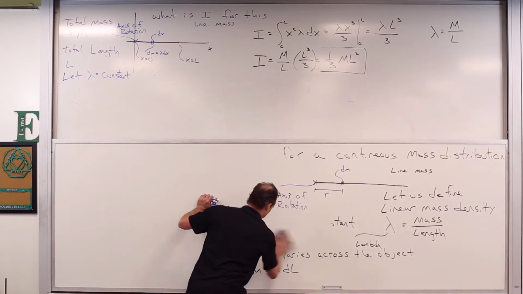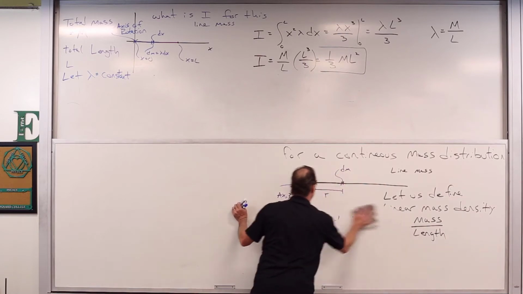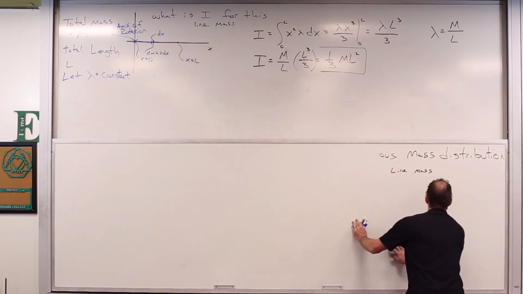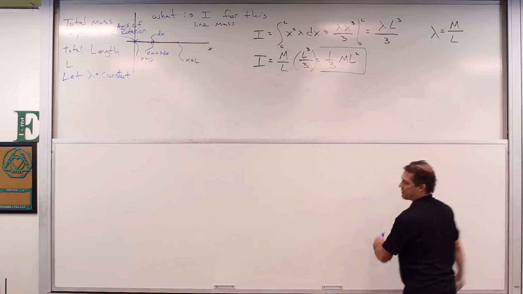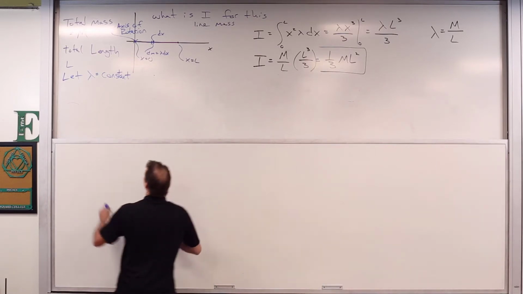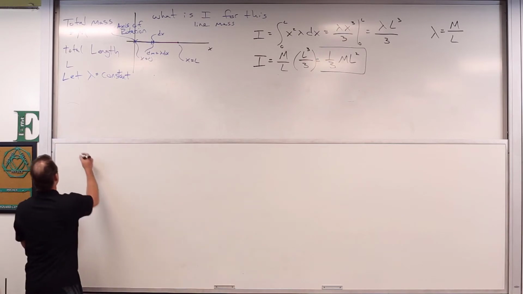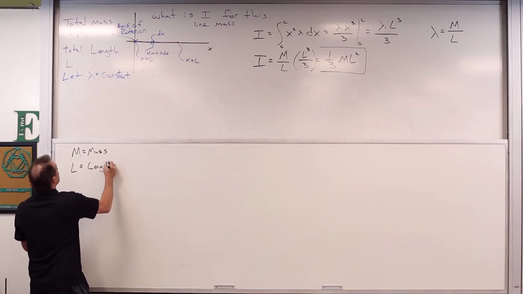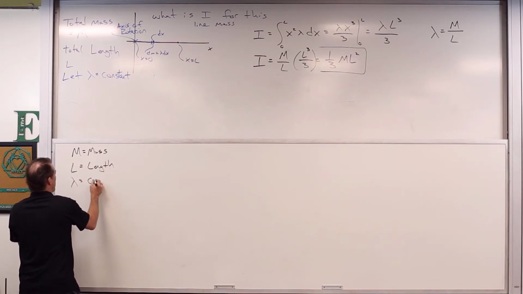Let's erase all of this. So we consider the same line mass, if you will. Say the total mass is m. L is the length. Say that lambda is equal to a constant.